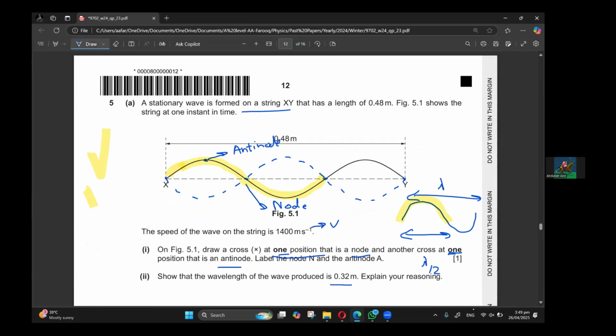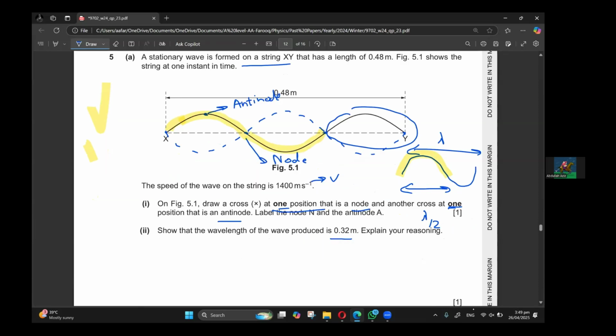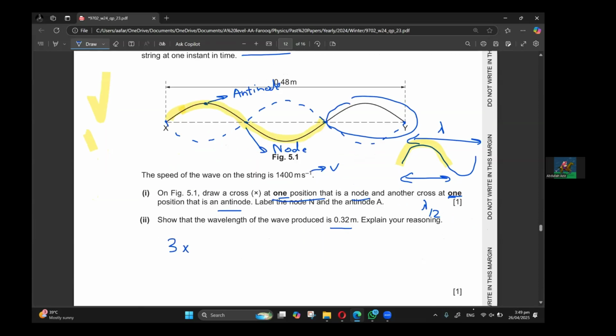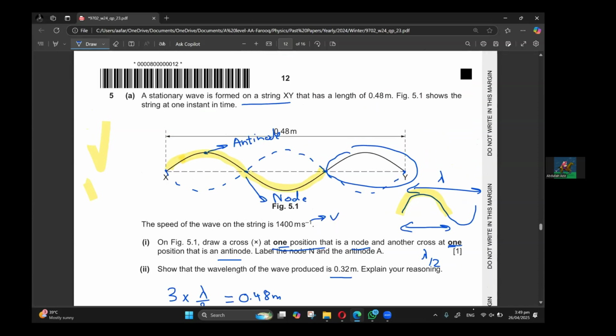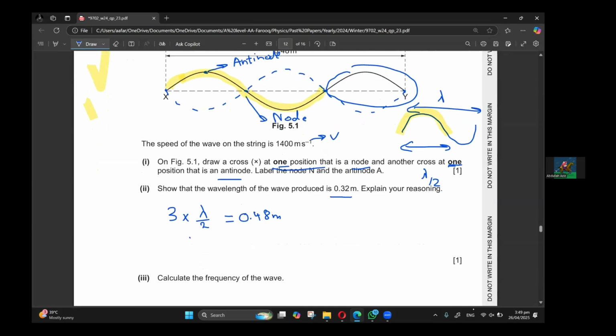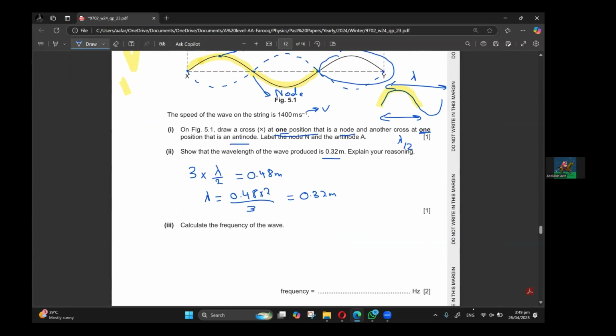So can we write that three parts, which is wavelength over two, is equal to 0.48 meter, the total length of the string. From over here, we can say that 0.48 into 2 over 3 is equal to 0.32 meter.